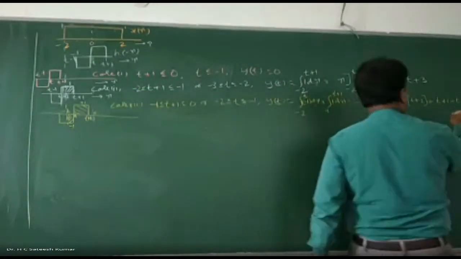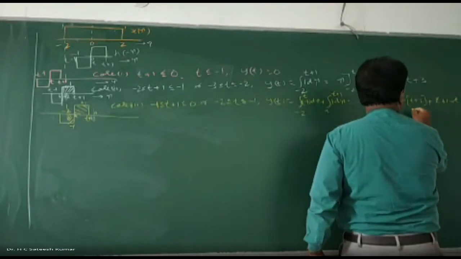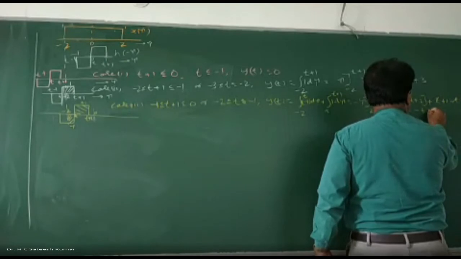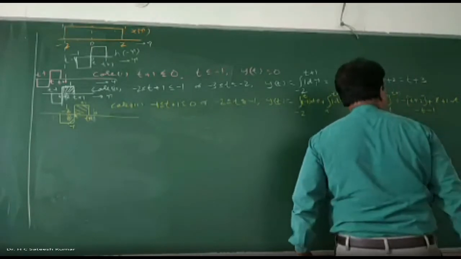So minus t plus t gets cancelled. What will you get? This is nothing but equal to minus t, and minus 2 plus 1 is minus 1 you will get. Okay, right.